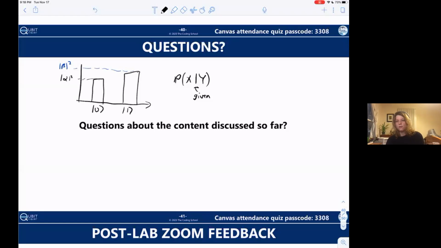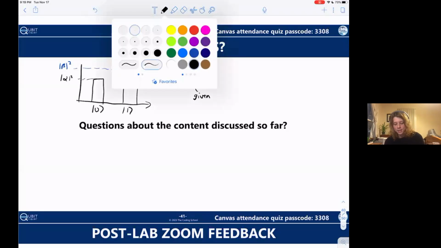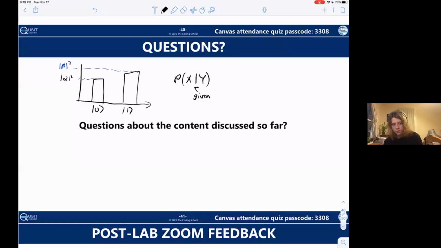We haven't really covered what things might exist, but conjugate variables include position, which is X, and P, which is momentum, and energy and time.